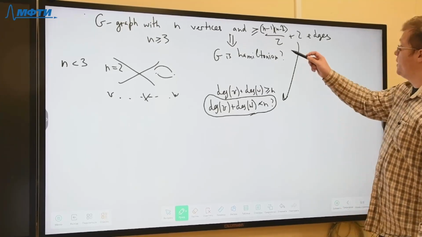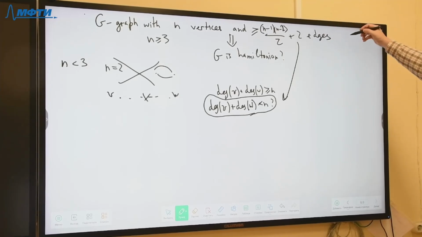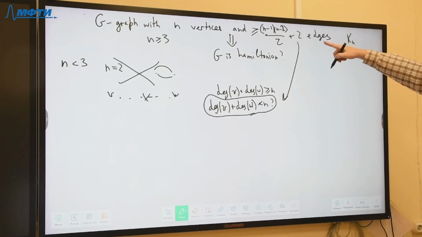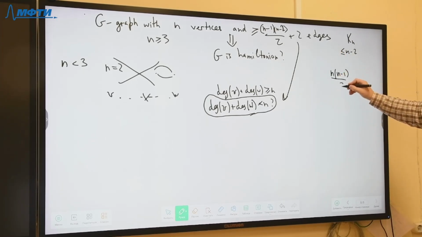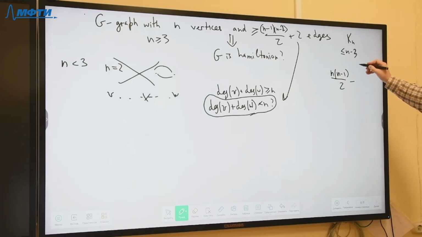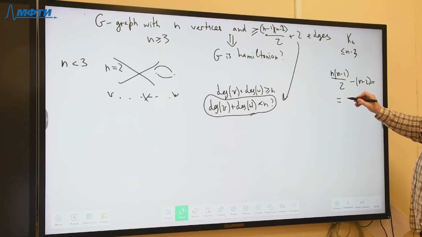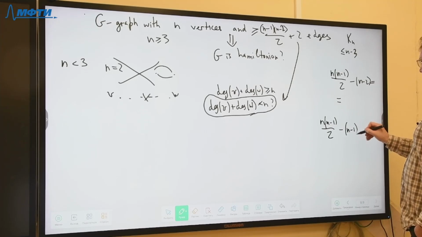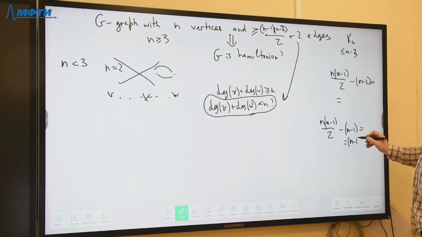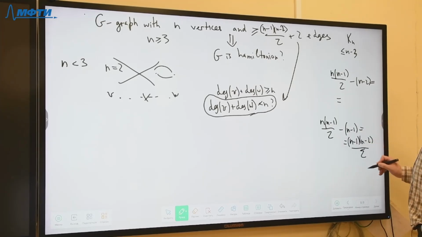So this means that we have complete graph, and then we delete not more than n minus 2 edges. Yes? Because we already calculated that n minus 1, n minus 2 over 2.